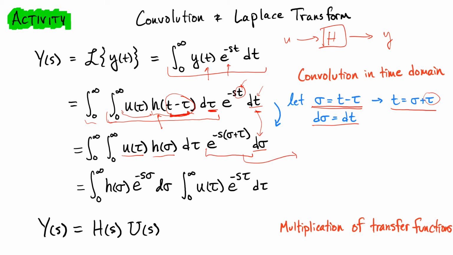The exponential rule for this is easy. It's e to the minus s sigma, and then e to the minus s tau. So when you have a sum like that, you can just split it into two different terms that are the product of each other.